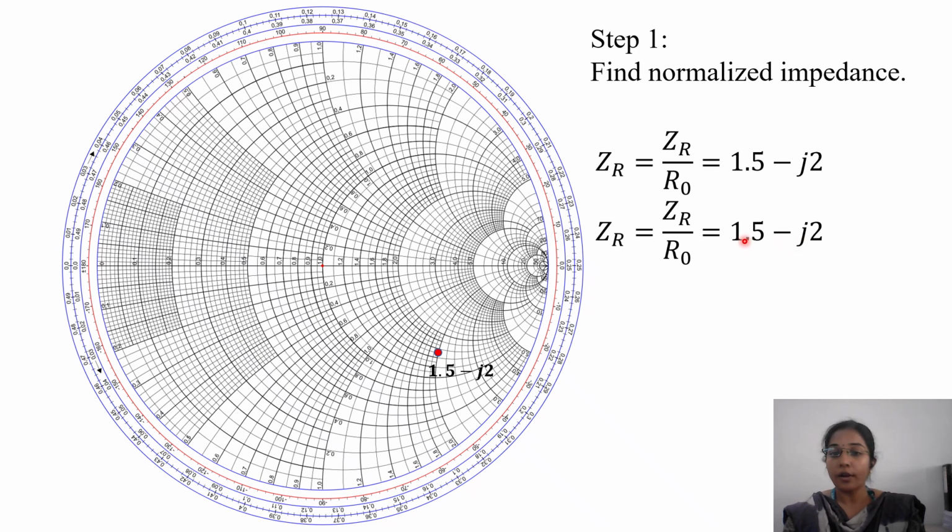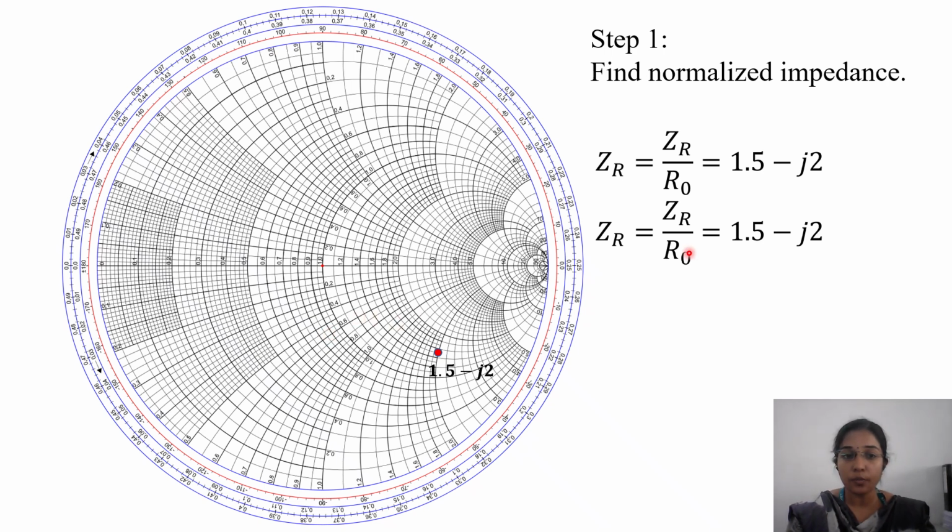This 1.5 has to be taken from the real axis, that is the center axis, and this 2 has to be taken from the reactance part. Since we have 1.5 minus j2, this value has to be taken from the lower part of my Smith chart.